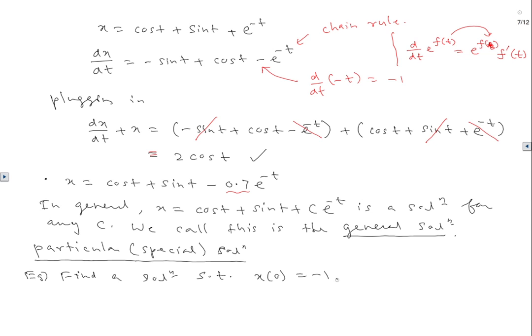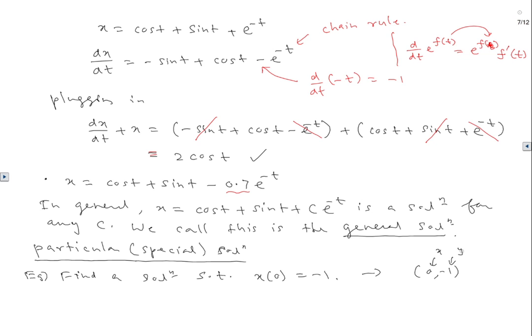So you can find a solution that passes through the point 0, -1. It has to pass through that point. The first value is the x coordinate, and the second is the y coordinate value. But remember, here we picked x as the dependent variable, so be careful with that.